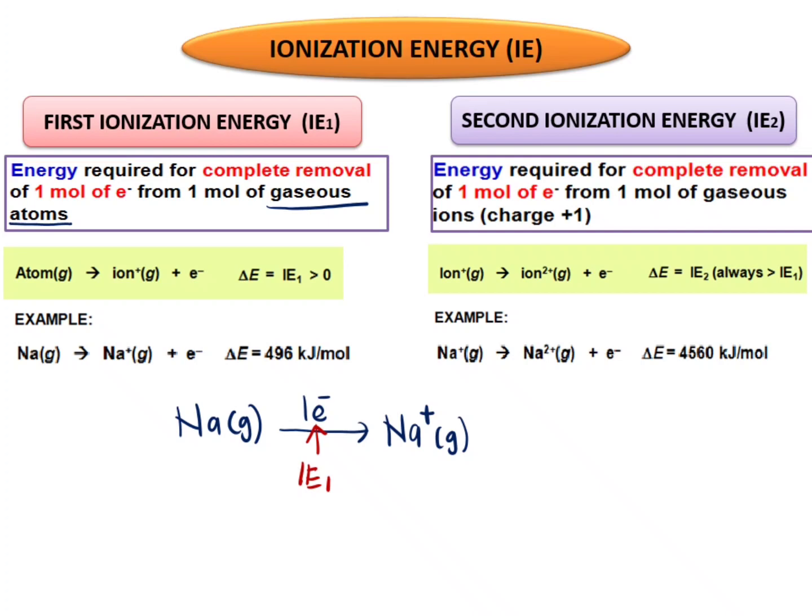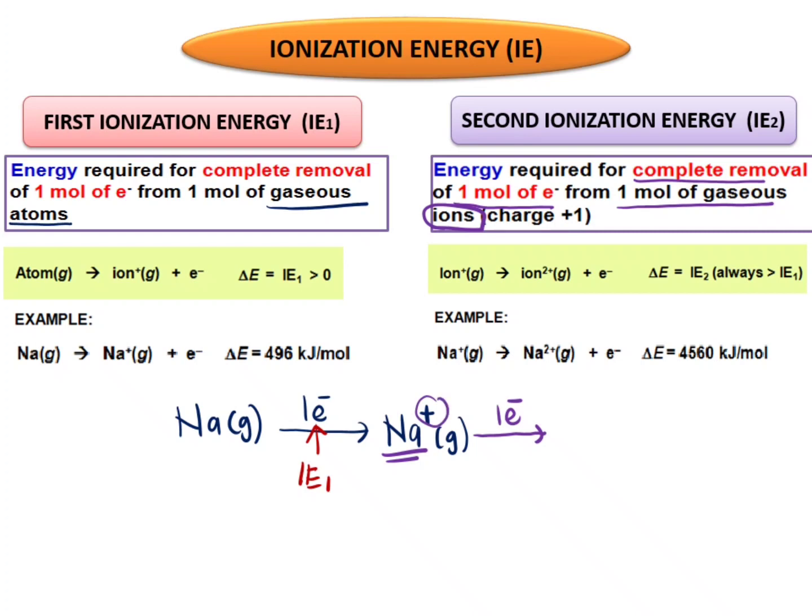Nampak tak? Okay, katakanlah you still continue removing the electron. Okay, kalau you remove satu lagi elektron daripada sodium ion. Nampak tak? So sebab tu dia kata complete removal 1 mole of electron from 1 mole of gaseous ion. Okay, ni nampak gaseous ion.